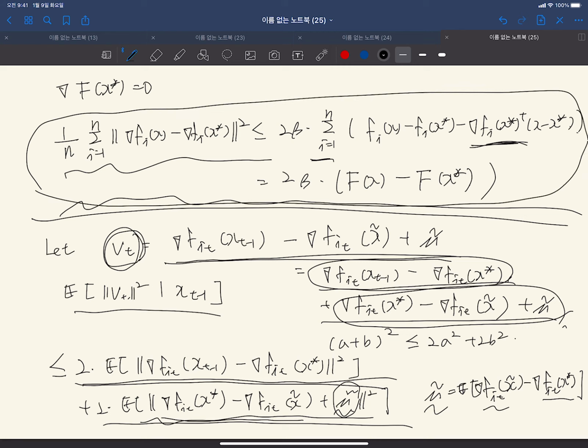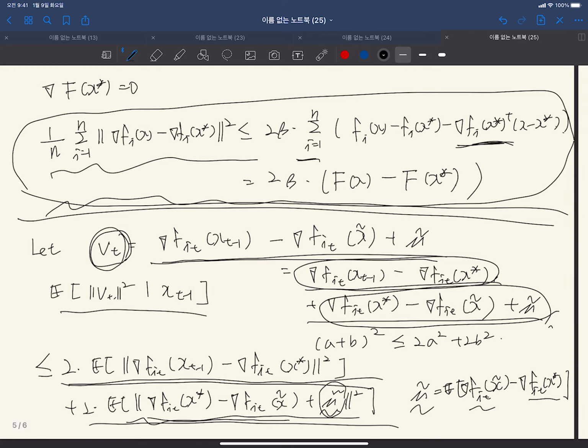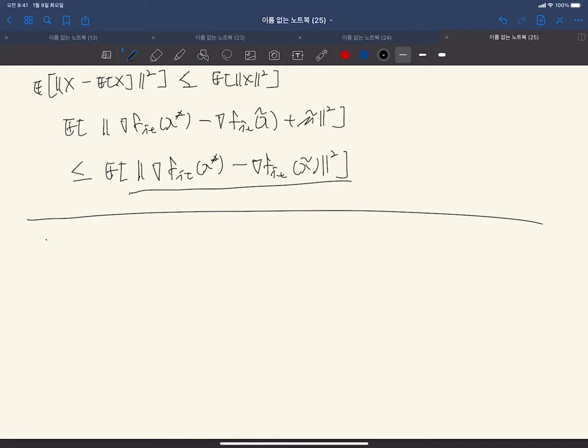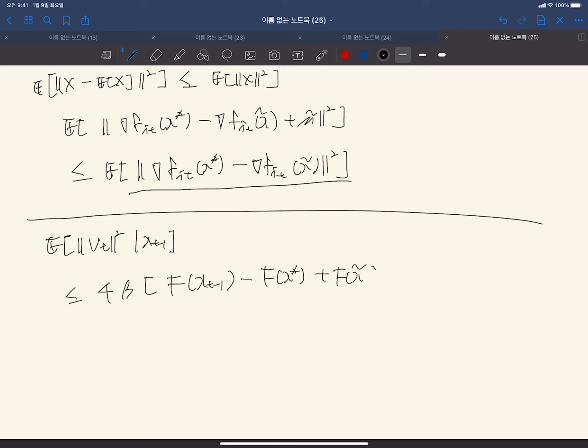Okay. So let's wrap up everything we have. Then we have Vt's variance for given xt minus 1 upper bounded by 4 times beta times f xt minus 1 minus f x star plus f x tilde minus f x star.